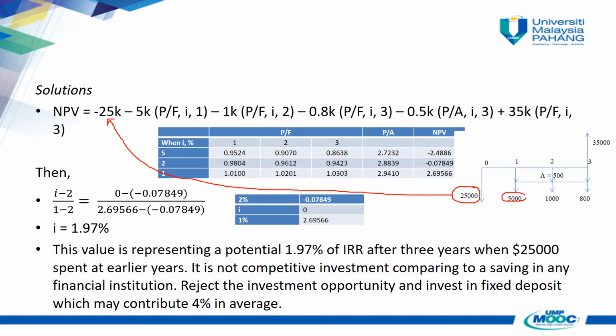This 5,000 is our F1, the 1,000 is our F2, and the 800 will become our F3. All of this we need to transfer to our present day.